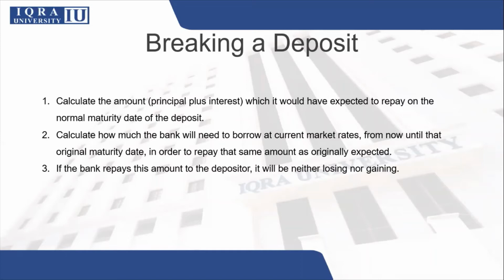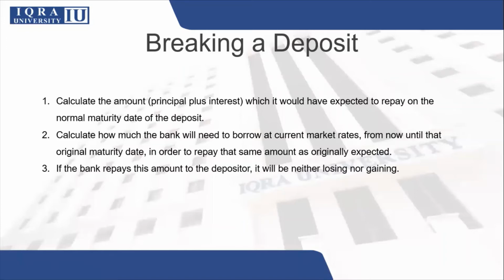You can actually calculate the amount based on these three steps. Number one is to calculate the amount, principal plus interest, which it would have expected to repay on the normal maturity date of the deposit. So the first step is to calculate the maturity proceeds as you do the calculation.